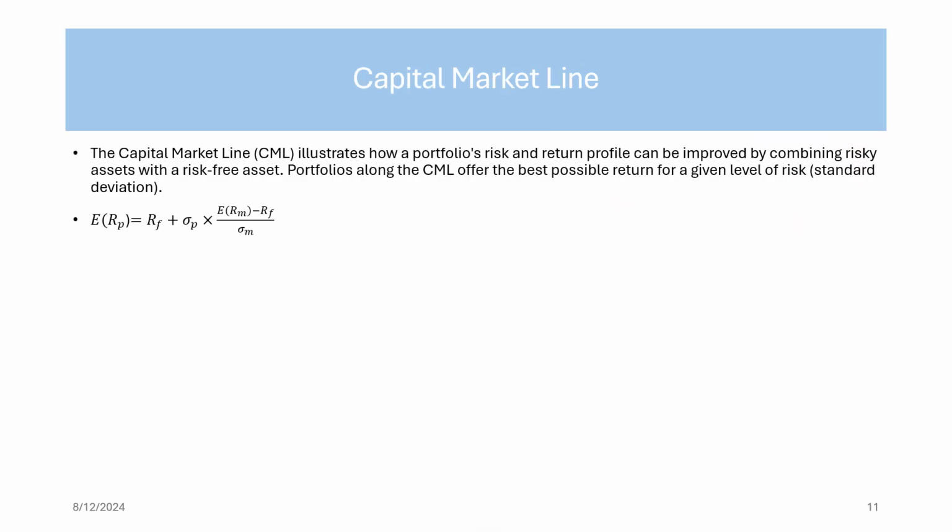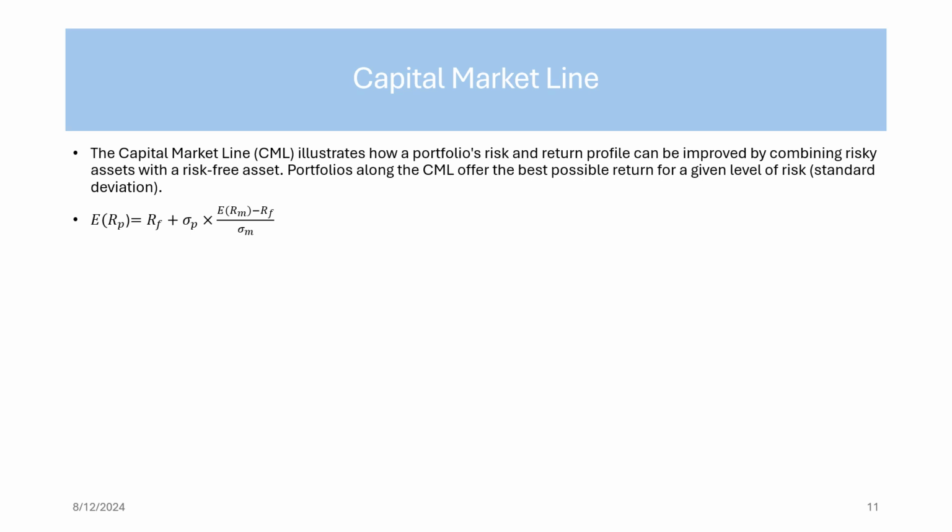So now let's discuss one of the concepts that come along with introducing the risk-free asset, the capital market line, which illustrates how a portfolio's risk and return profile can be improved by combining risky assets with risk-free assets.